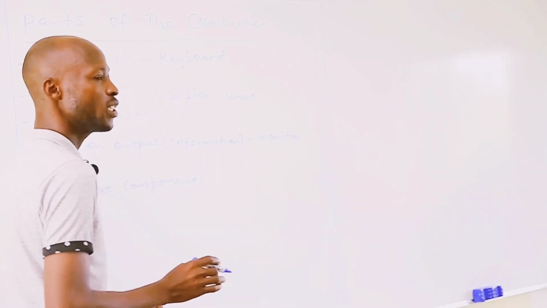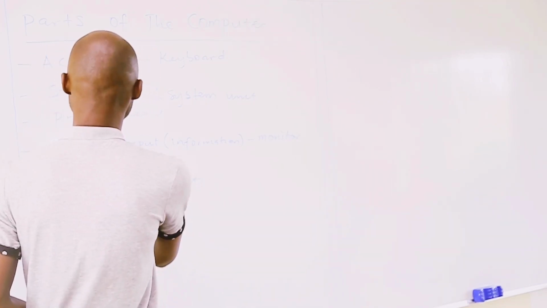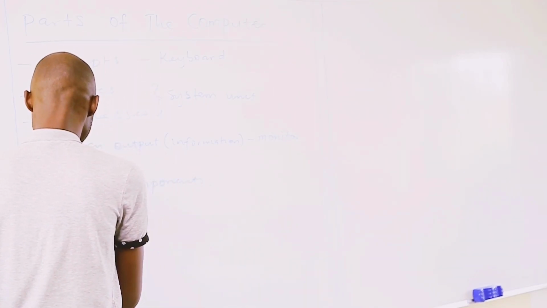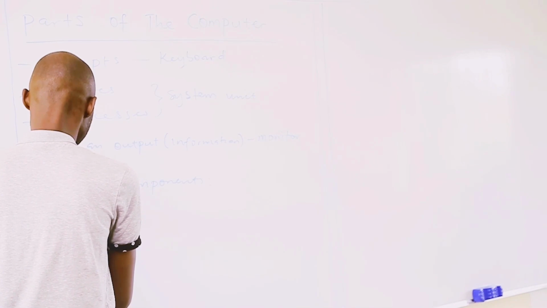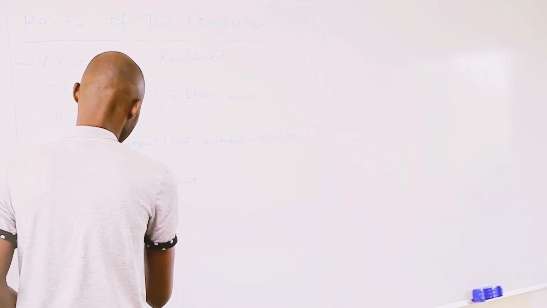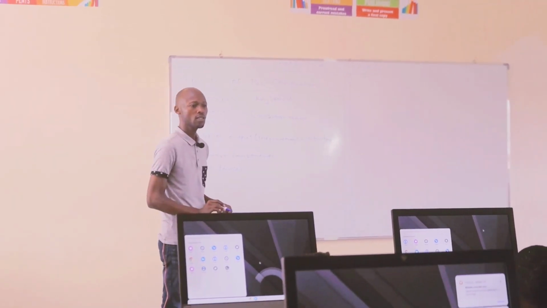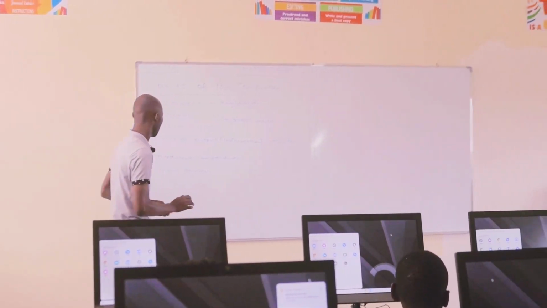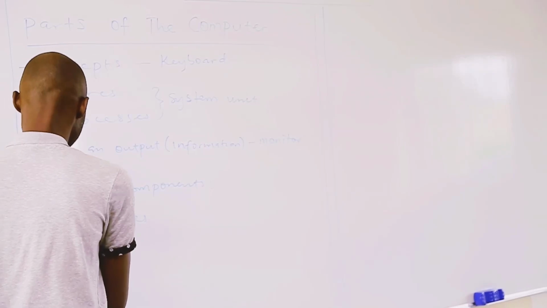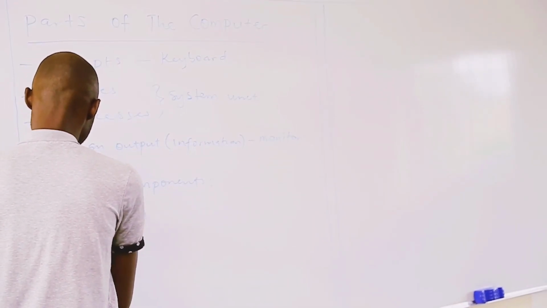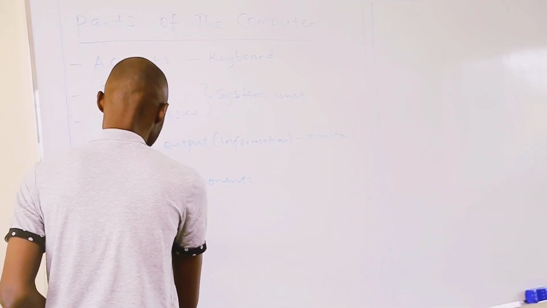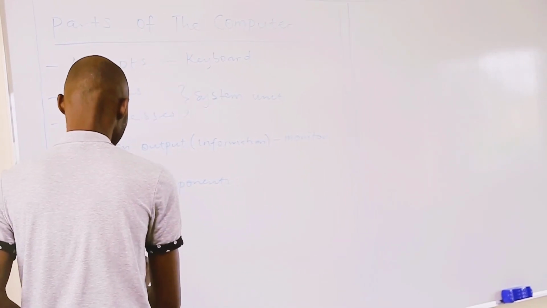The first category is what we call the input devices. We have what? The input devices. Then the second category, we have the output devices.